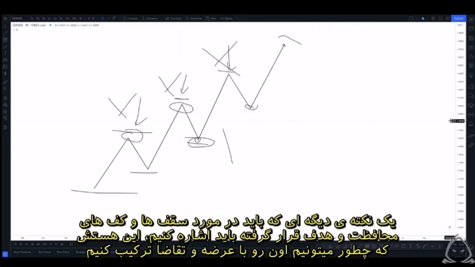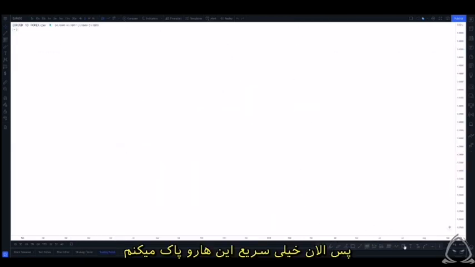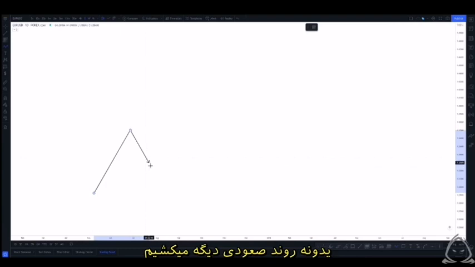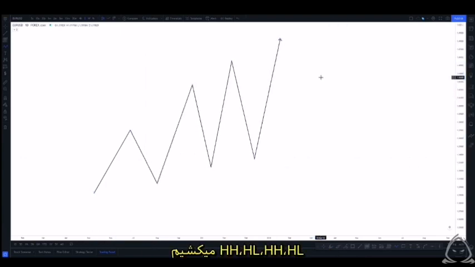One other thing to note about the concept of protected and targeted highs and lows, or structure, is how we can integrate that with supply and demand. So what I'll do really quickly is clear this up. We're going to draw in another bull trend, seeing higher highs, higher lows, higher highs, higher lows.